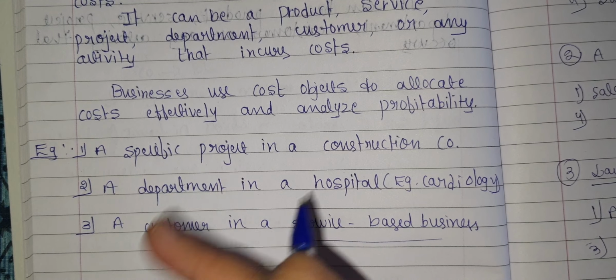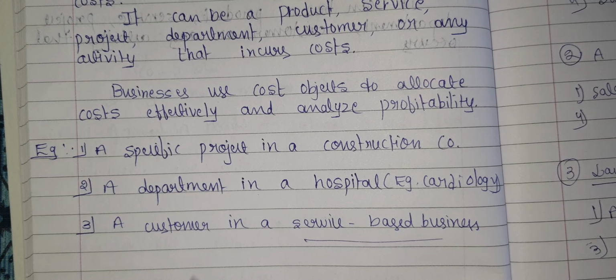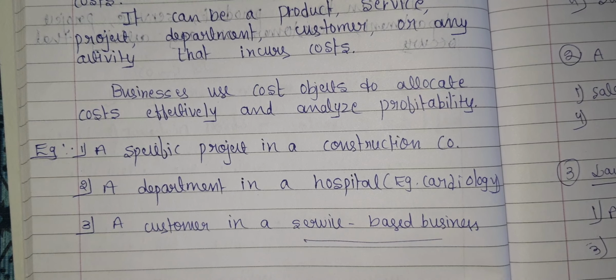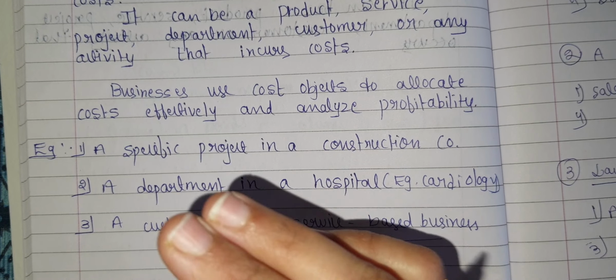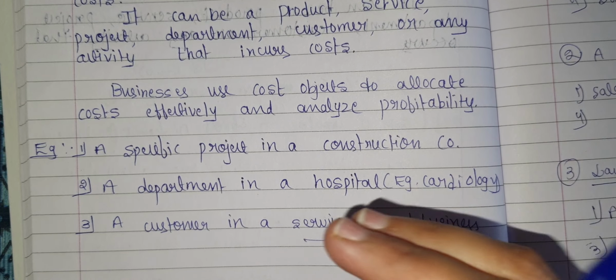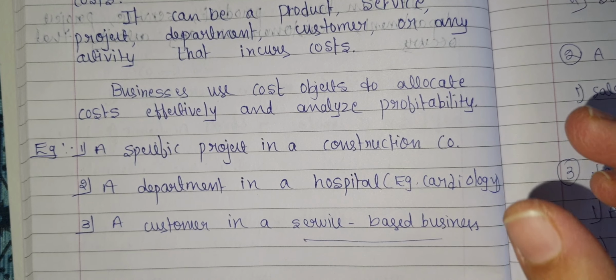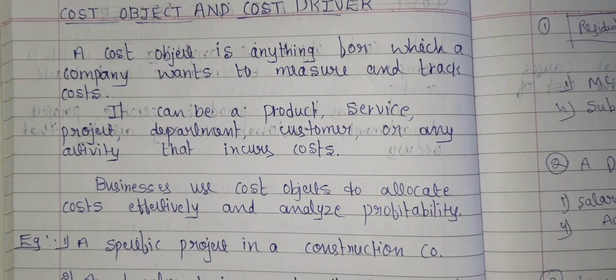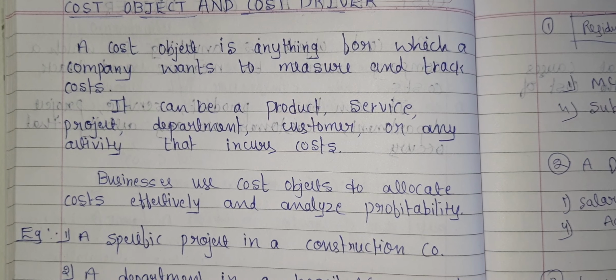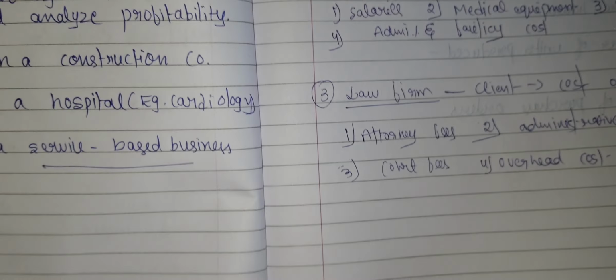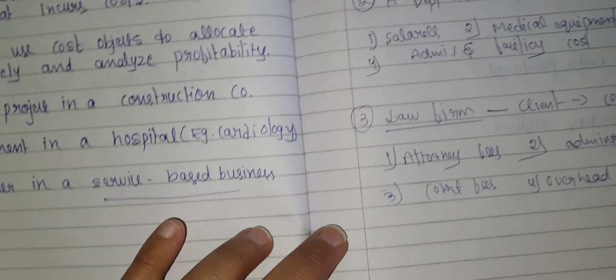So each product or service, department, customer, or any activity that incurs cost, we have to treat as a cost object. A cost object is anything for which a company wants to measure and track costs. Here I will take one more example.